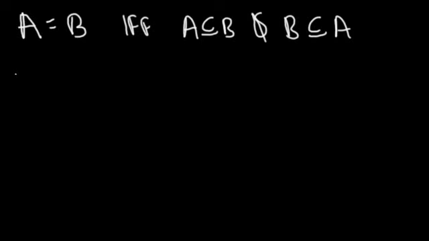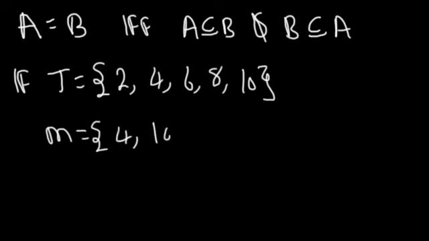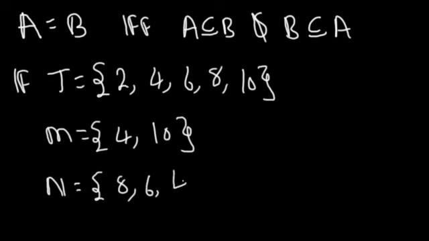Let's say T equals a set that includes elements 2, 4, 6, 8, and 10, and M equals a set that includes elements 4 and 10, and N is a set that includes elements 8, 6, 4, 10, and 2.